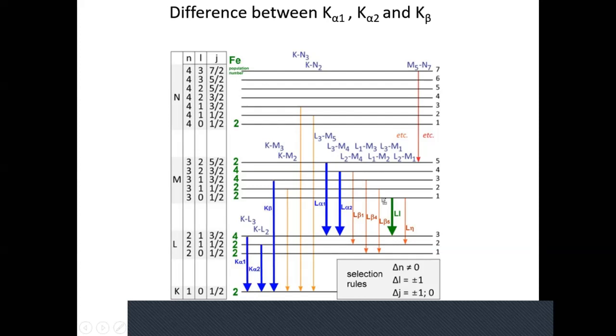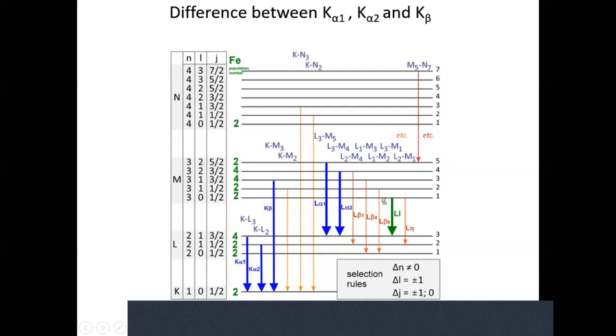That would be a forbidden transition. The difference in l has to be plus or minus 1. So that's why, for example, you don't have a transition from, excuse me, n equals 2, l equals 0 to n equals 1, l equals 0, because the change in l is not plus or minus 1. So those are forbidden transitions.